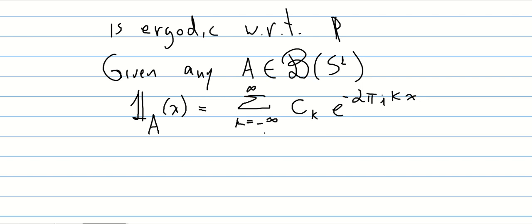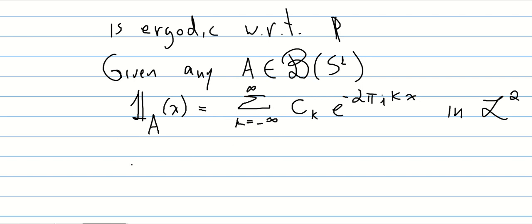So this is the canonical Fourier series decomposition. What this says is that the series on the right converges in L2, so it's actually quite a good convergence. This is not an equality at every point. It's something that holds almost surely, and it's a convergence in L2.